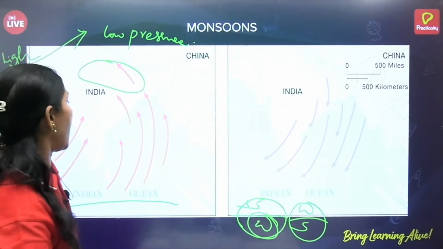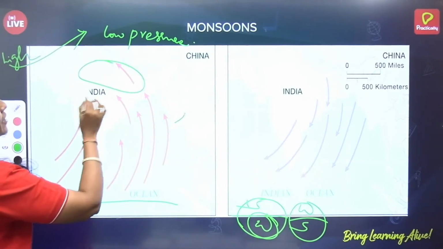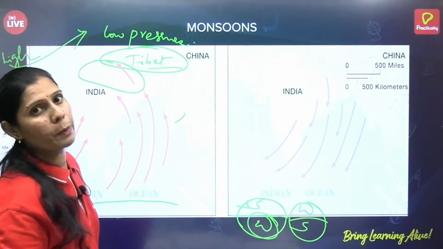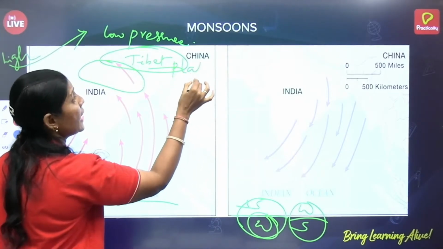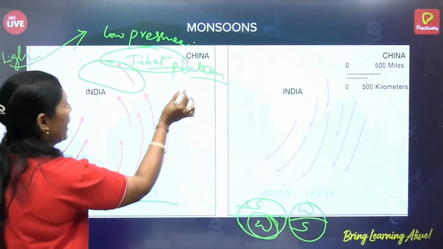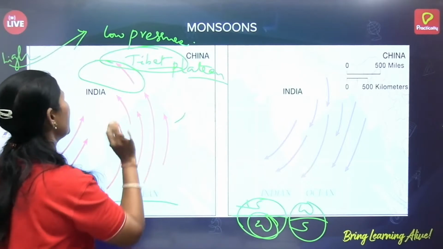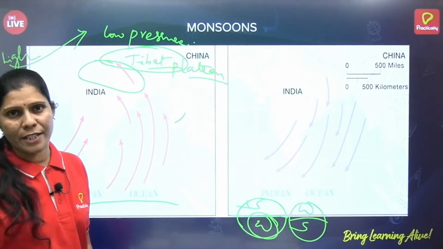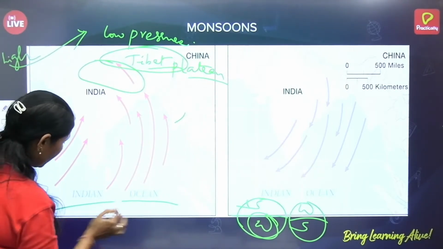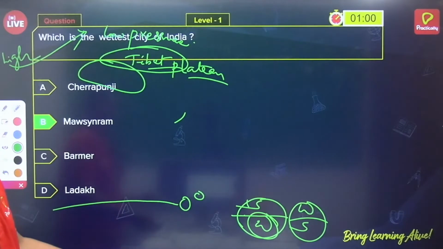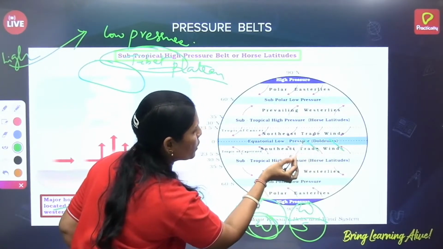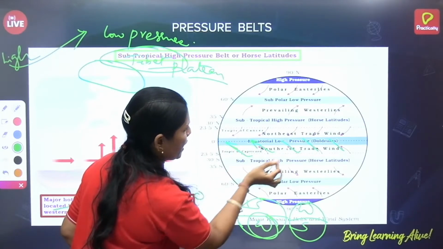At the same time in India, low pressure has been created, especially over Tibet, the most well-known plateau, the Tibetan plateau, a highly elevated area, the biggest plateau in the world. Due to excess heat on this plateau, low pressure is created over North India. Due to this low pressure, in this image you can see the winds have to blow towards the equator.